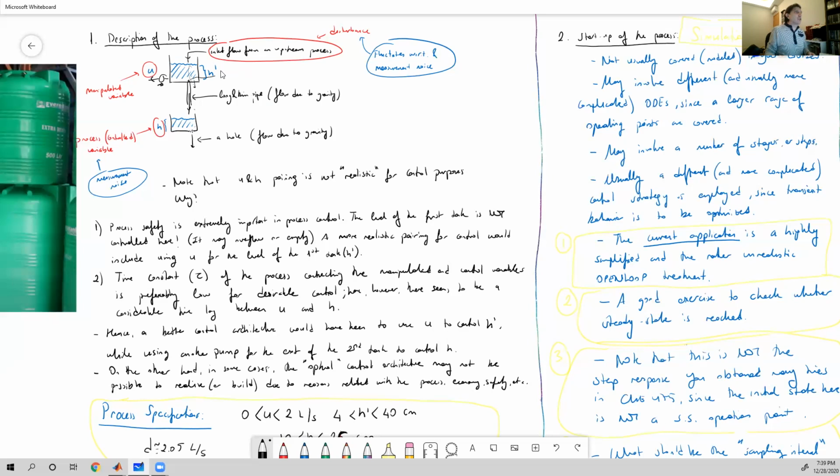Well, let me talk about whether this is a realistic pairing. Actually, for control purposes, this is not a very realistic pairing. What do I mean by that? Well, the first thing is that in process control, process safety is almost the very first fundamental issue. So your equipment should not be destroyed, I may say, in the most non-engineering way.